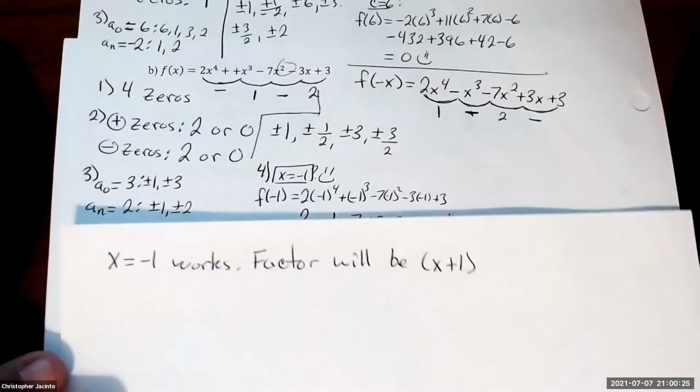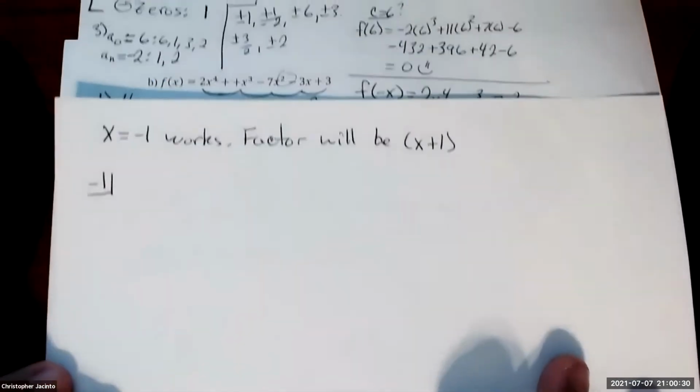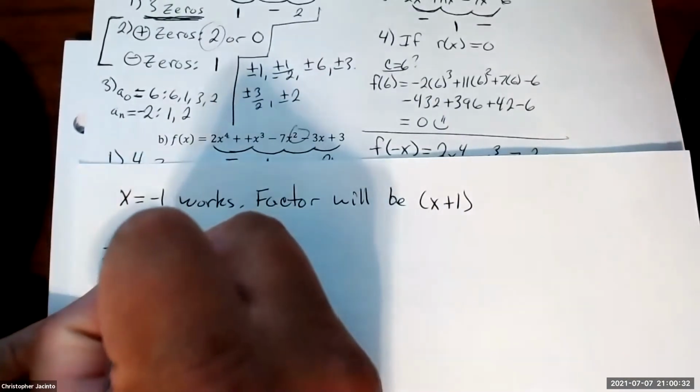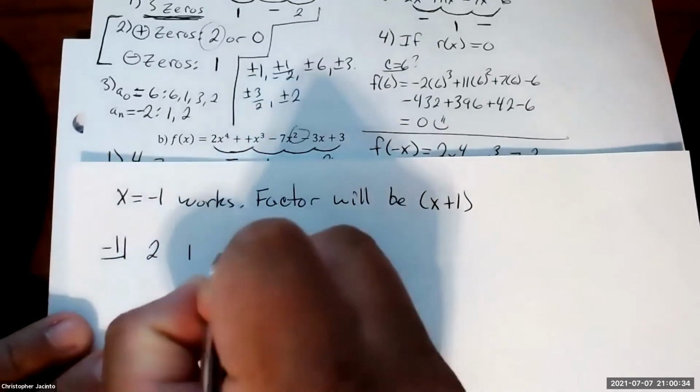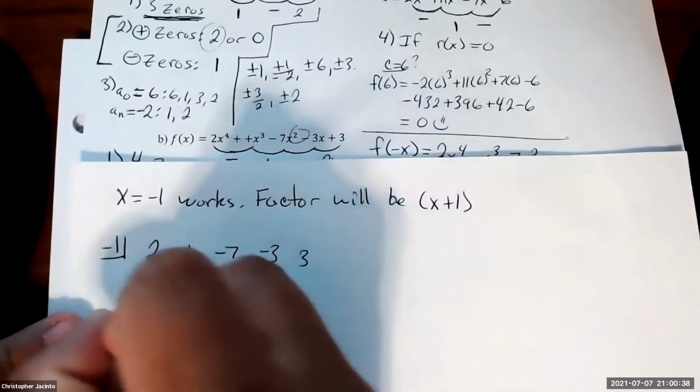And now let's do synthetic division: 2, 1, -7, -3, and 3.